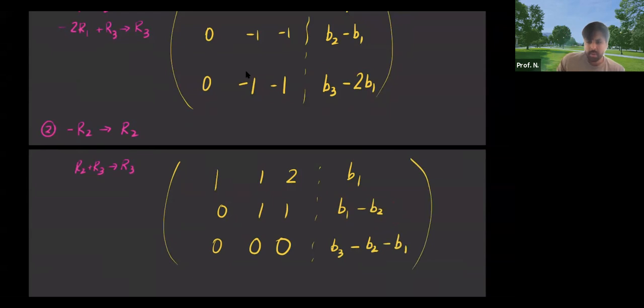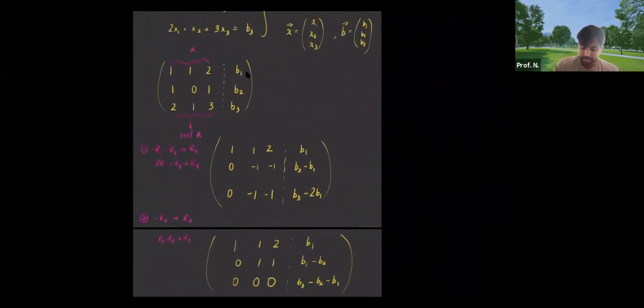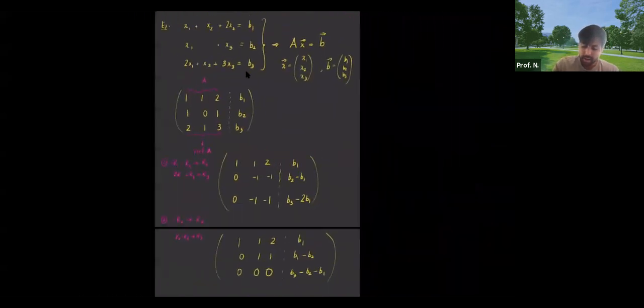Do you see what's happening? I'm given a general matrix system with specific coefficients. It's a 3x3 system. What I'm trying to figure out is what these values should be for B so that I get a consistent system, which means a solution exists, at least one solution exists.